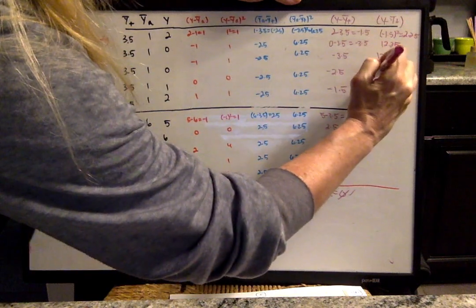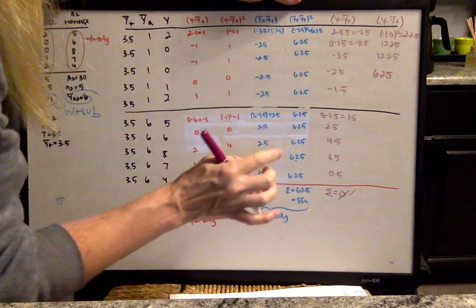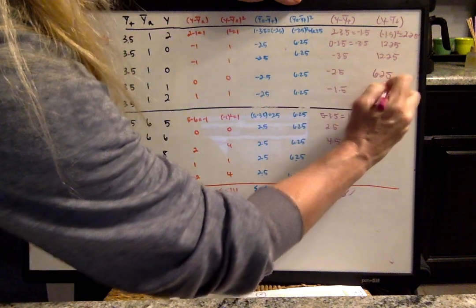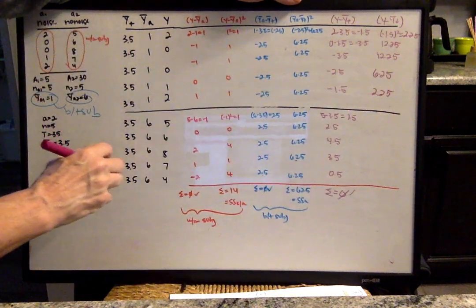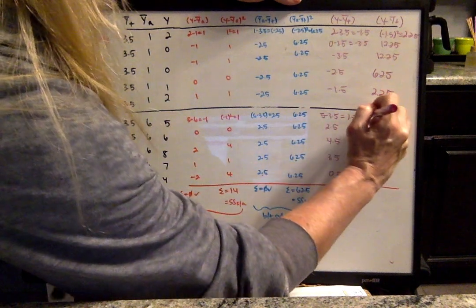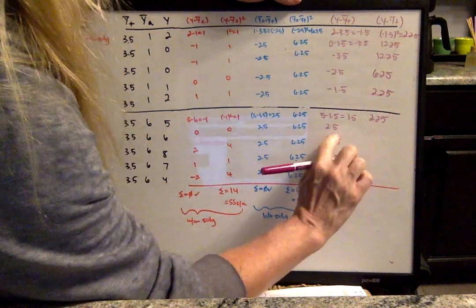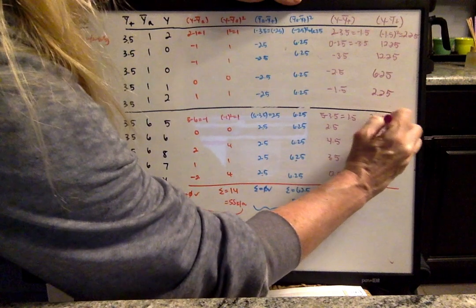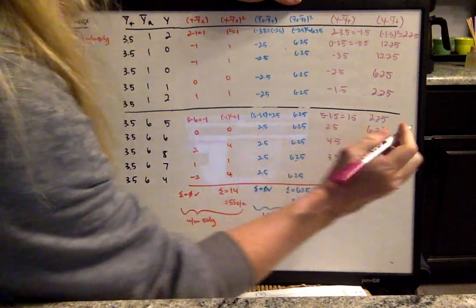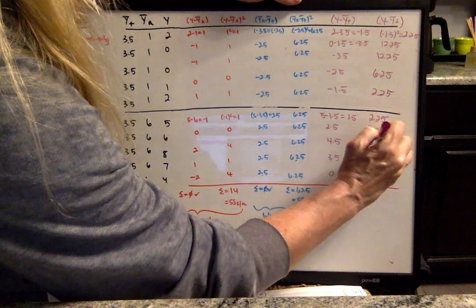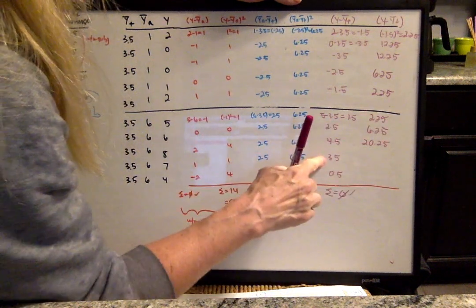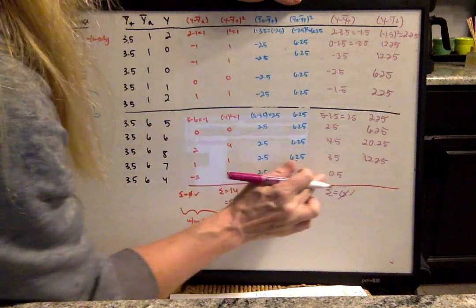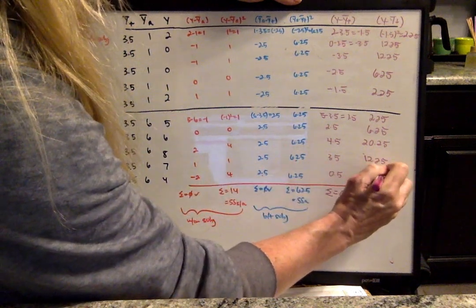Negative 2.5 squared is 6.25. Negative 1.5 squared is 2.25. 1.5 squared again is 2.25. 2.5 squared is 6.25. 4.5 squared is 20.25. 3.5 squared is 12.25. And 0.5 squared is 0.25.